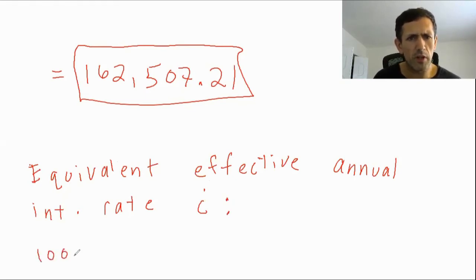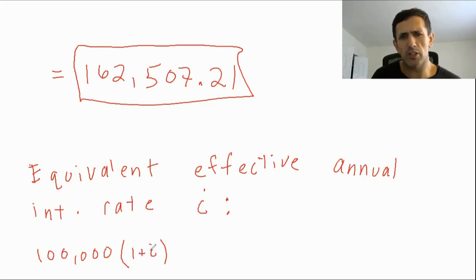Remember, and this is something you really can't forget, the whole idea here is that we're pretending this $100,000 sits in a bank account earning a certain interest rate I, and it accrues 10 years of interest.